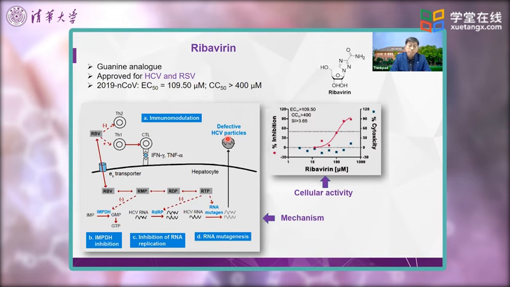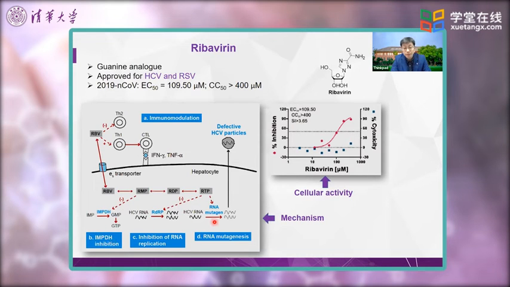The true mechanism is rather complicated. Other than the major contribution by inhibition of RNA replication, it was proposed that ribavirin can work through other pathways. For example, it can inhibit IMPDH.